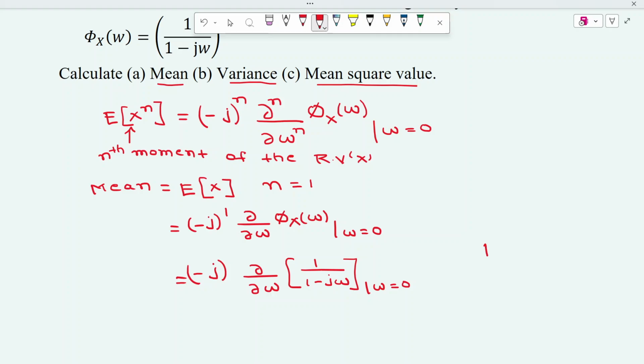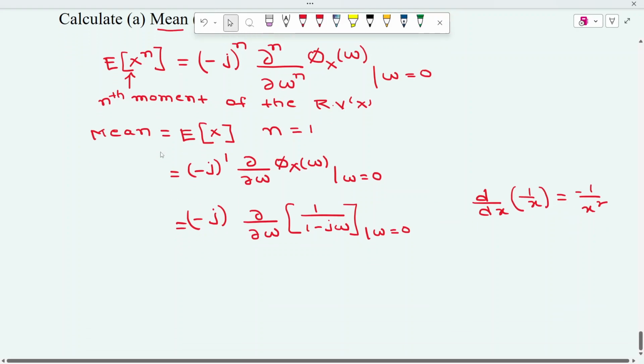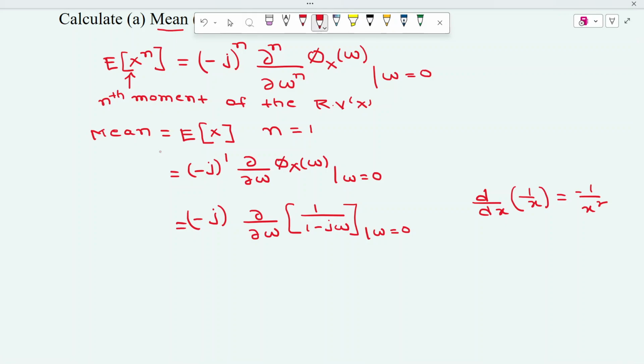Everyone knows d by dx of 1 by x is minus 1 by x square. So we will use this one. So minus j into, differentiation of this will be minus 1 by (1 minus j omega) whole square.